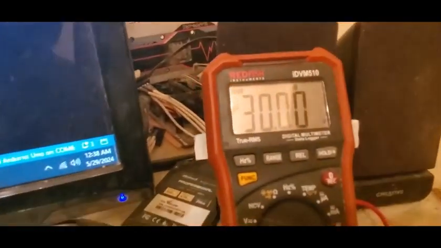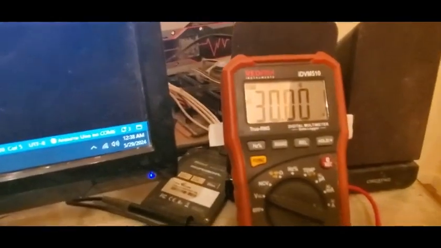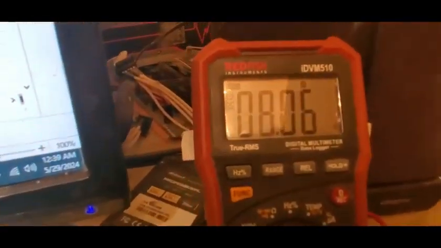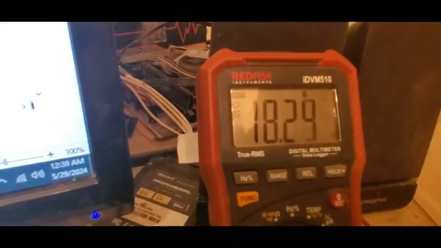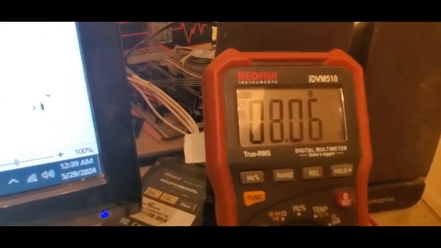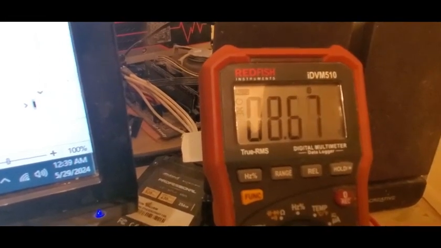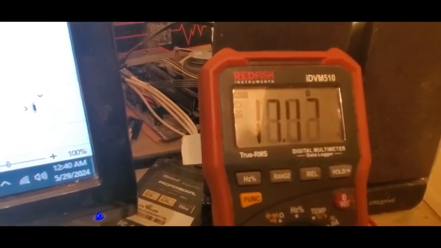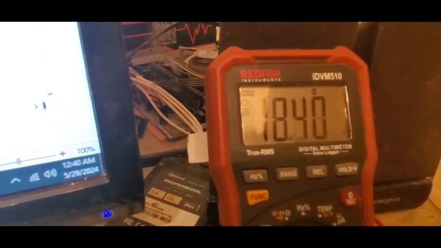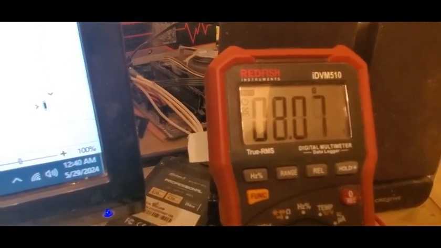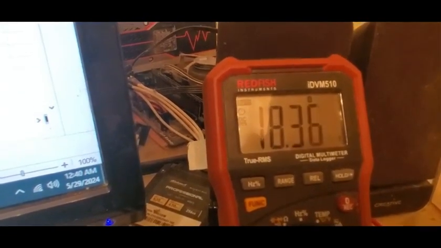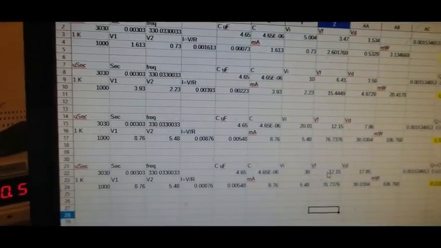Okay, so we have it dialed into 30 volts. Let's run it. Okay, so if this will hold together, I see it snapping back to 18.37. I'm calling it 18.37.